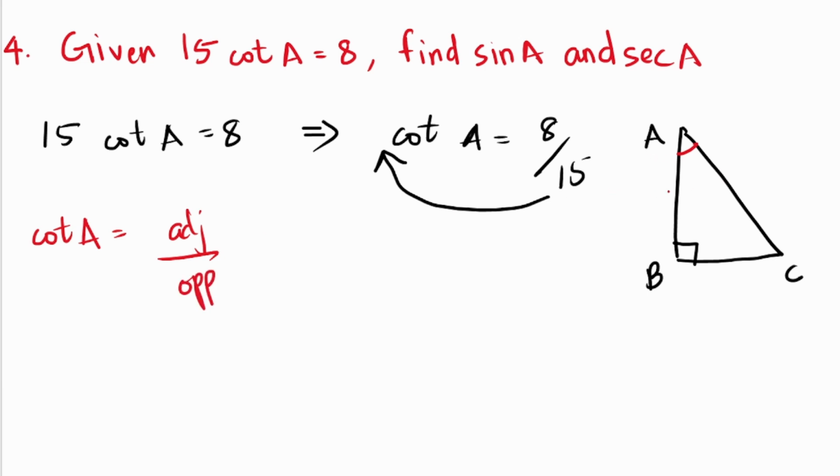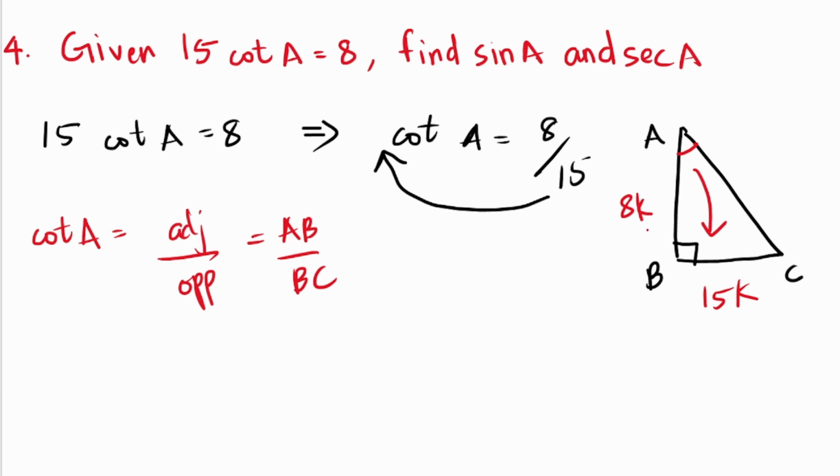With respect to A, the adjacent side is AB, so it is 8k. Because it's a ratio, we multiply with the common constant k. And BC is the opposite side, so it's 15k, and you need to find AC.